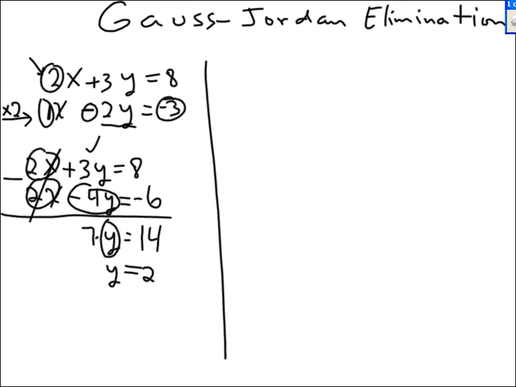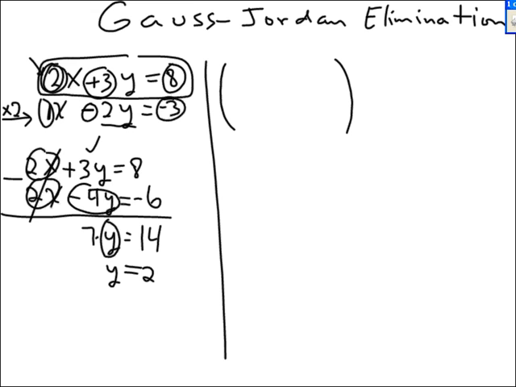What you do to use matrices is the first thing you do is you write down what's called a coefficient matrix. That is, you write this down except you don't write down x's, y's, and equals. That is, you write 2, 3, and then 8.